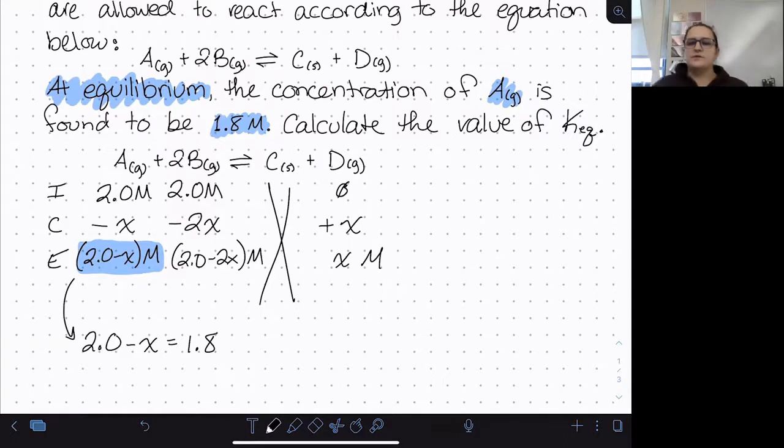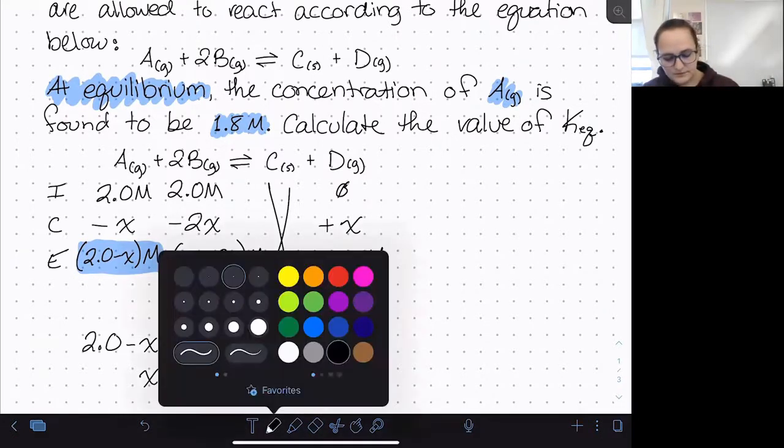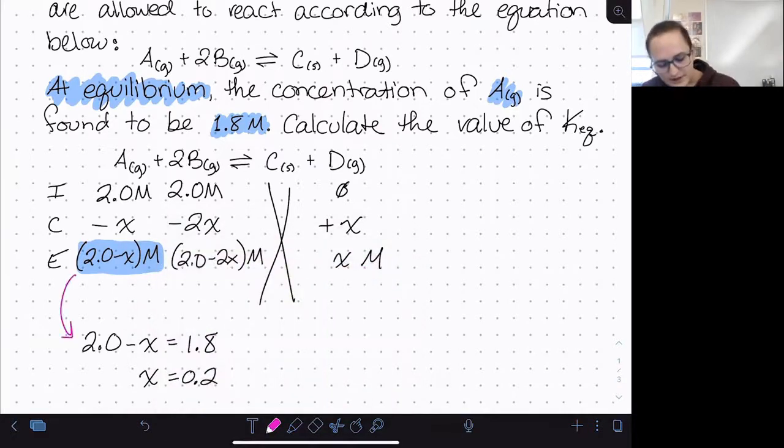Based on that extra piece of information we're given, we can solve for x. We now know that x is equal to 0.2, so we can take this value of x and plug it in everywhere.